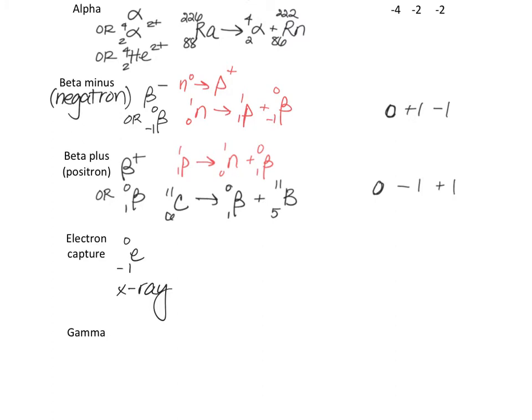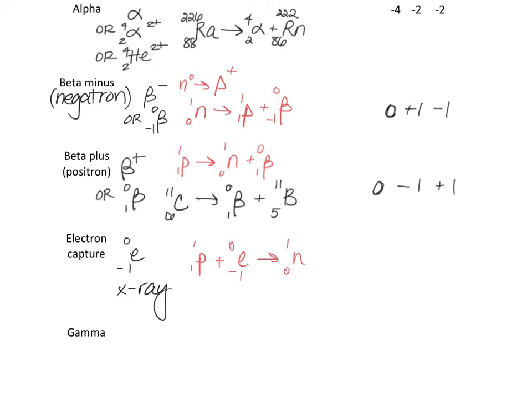What's happening in this process when an electron is captured is that a proton from the nucleus reacts with that electron and it creates a neutron. As you might suspect, a neutron is neutral, so if you put a proton and an electron together, it creates a neutral particle. So the only difference for a reaction like this is that the electron capture is seen on the left-hand side of the equation.